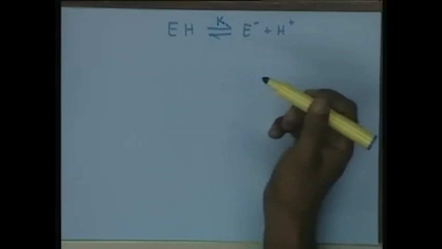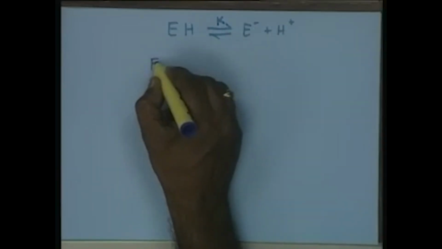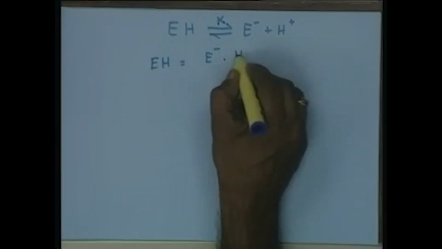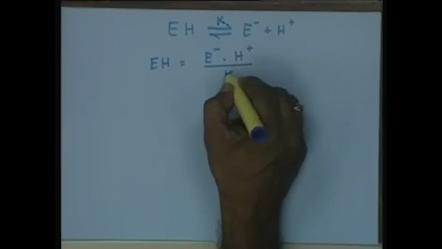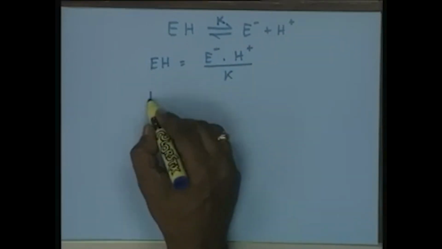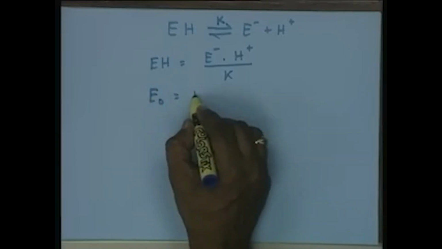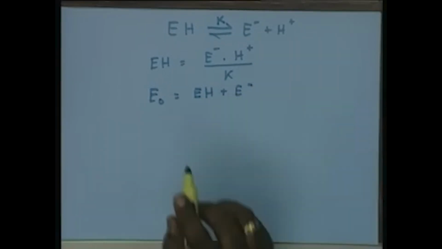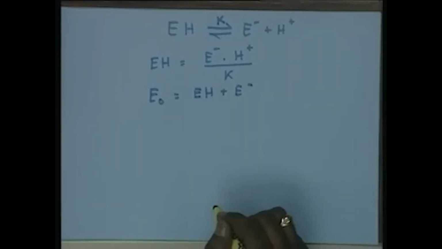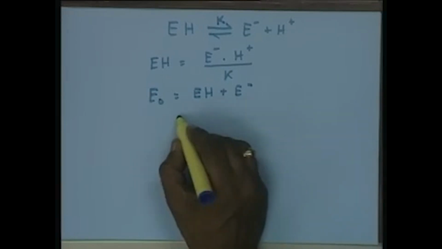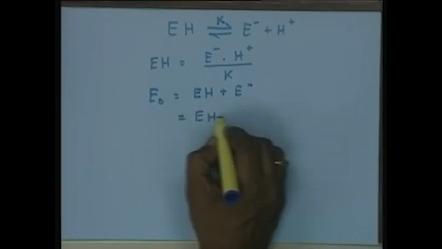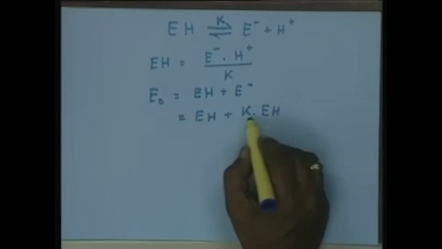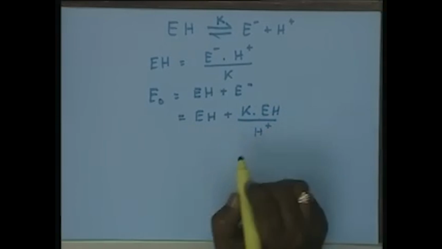Under these circumstances the concentration of EH will be E minus into H upon K, and the total enzyme concentration E naught will be EH plus E minus, which is EH plus K into EH upon H plus.